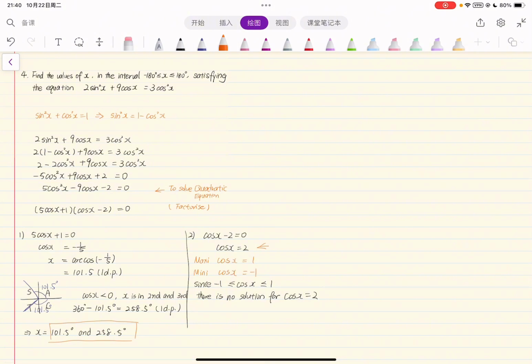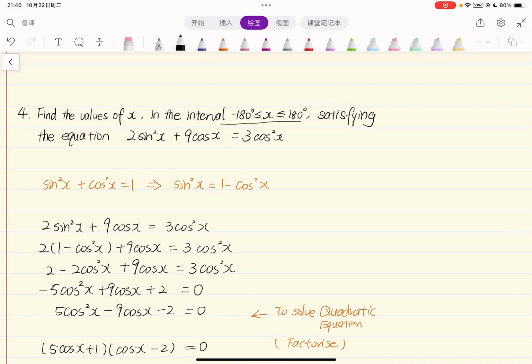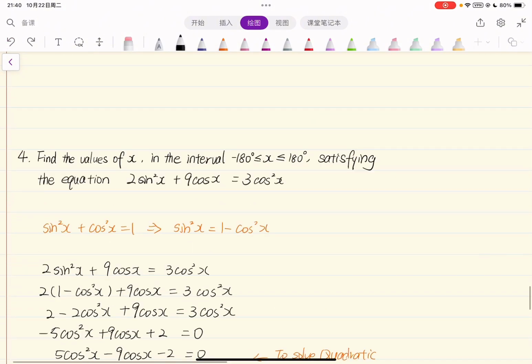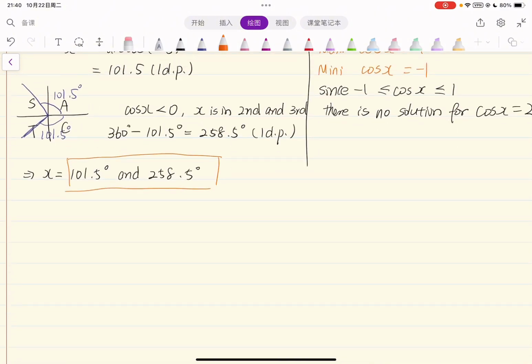But you can see the question said that the interval of x should be less than or equal to 180 degrees, greater than or equal to minus 180 degrees. So we need to change the value of this one into another form.